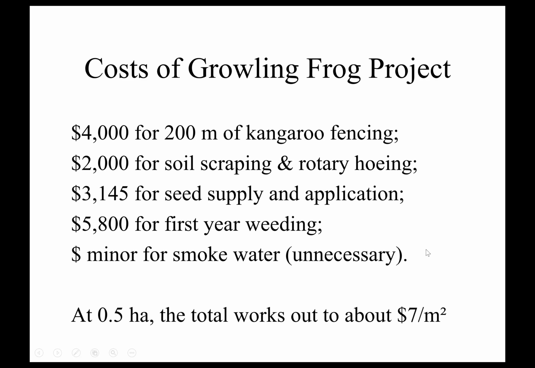And if we call that half a hectare, it was half a hectare, so it mustn't be more than 50. Yeah, all right. I think Tim probably got the 50 metres wrong. Half a hectare sounds more reliable, because half a hectare is also what he gave me, and he calculated that it worked out to about $7 per square metre.